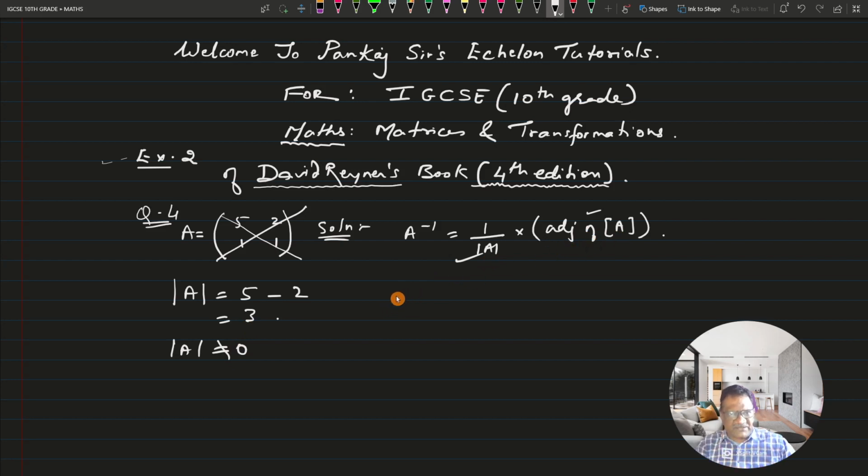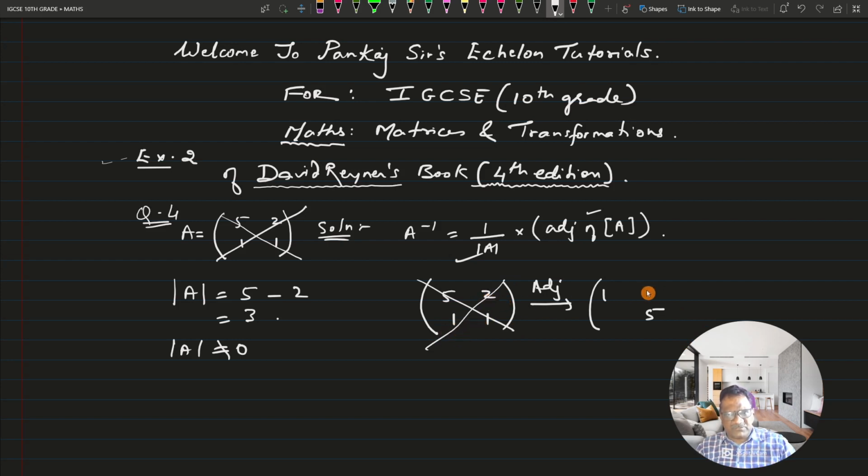To find the adjoint of A, there is a shortcut method. Suppose you have the matrix [5, 2; 1, 1]. To find the adjoint, you have to swap these two elements on the main diagonal, so 1 goes here and 5 goes here. Next, for the two elements on the other diagonal, you just change the sign.